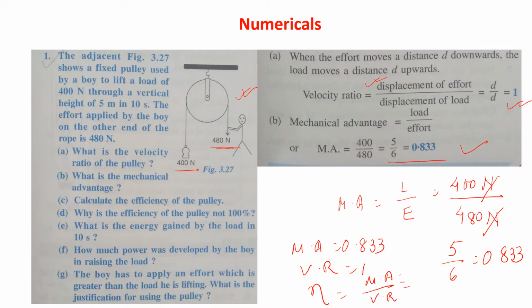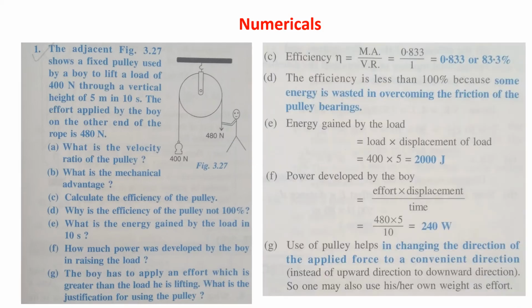So that is equal to 0.833 divided by 1, which is 0.833. Now efficiency is always given in percentage. So it is equal to 83.3%.